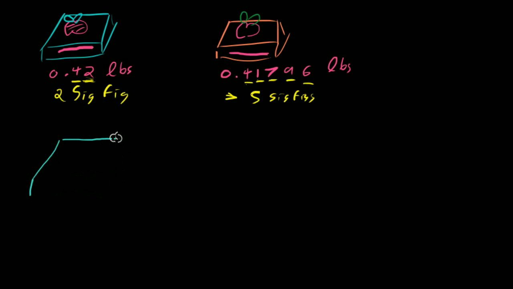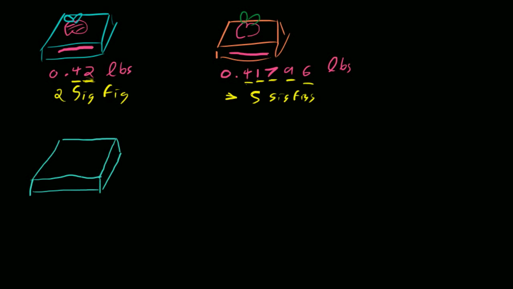Okay, there we go. That's a little bit better drawing of our blue scale, which gives us two decimal places, and then our orange scale, which is a little bit nicer. It gives us 5 decimal places.